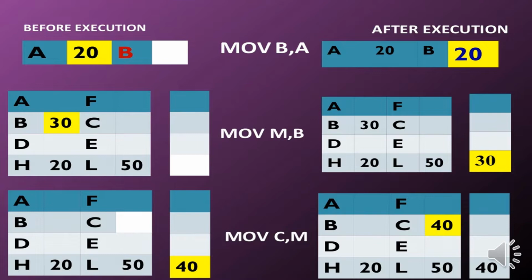Another example is MOV C, M. Here memory acts as the source operand and the C register is the destination operand. The memory content is copied into the C register. Assume the memory location 2050H, pointed to by the HL register pair, holds the 8-bit data 40. Before the execution, the C register may hold any 8-bit value. After MOV C, M, the data at memory location 2050H is copied into the C register, which is an 8-bit register.